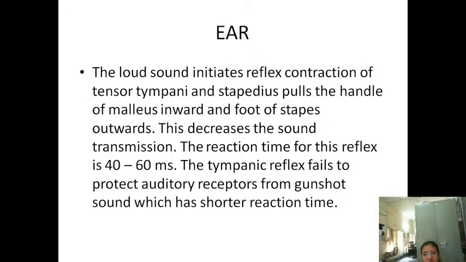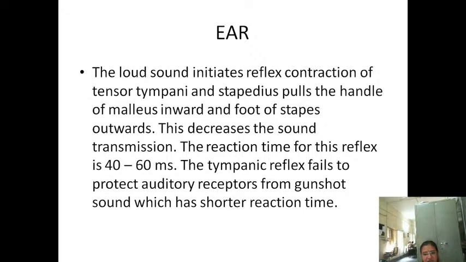The loud sound initiates reflex contraction of the tensor tympani, which pulls the malleus inwards, and the stapedius muscle, which pulls the foot of the stapes outwards. This decreases the sound transmission. The reaction time for this reflex is 40 to 60 milliseconds. The tympanic reflex fails to protect the auditory receptors from gunshot sound, which has a shorter reaction time.